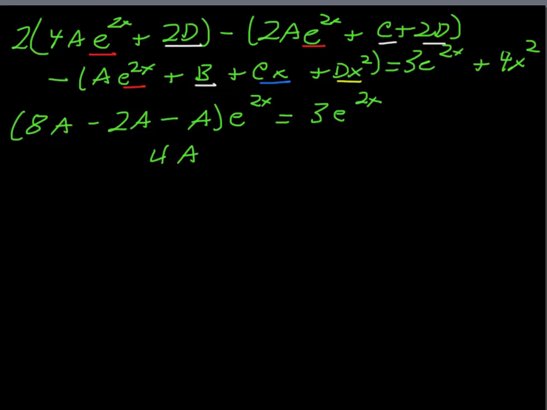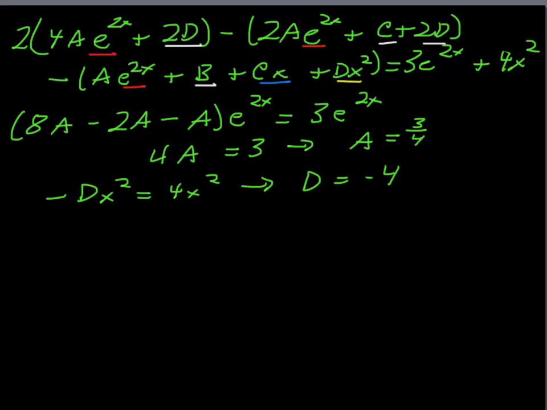Let's say this is 4a is equal to 3. So it looks like a is equal to 3/4. Okay. Now let's do our x squared terms. So our x squared terms, it looks like we just have a negative dx squared is equal to 4x squared. So that means that d is equal to negative 4.